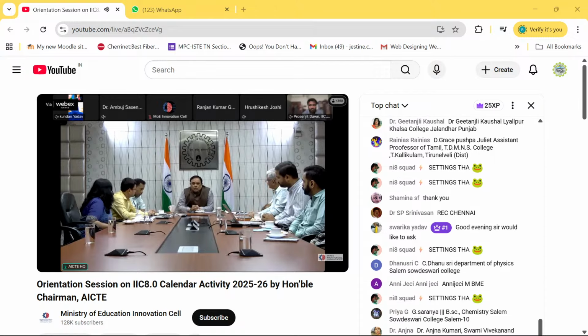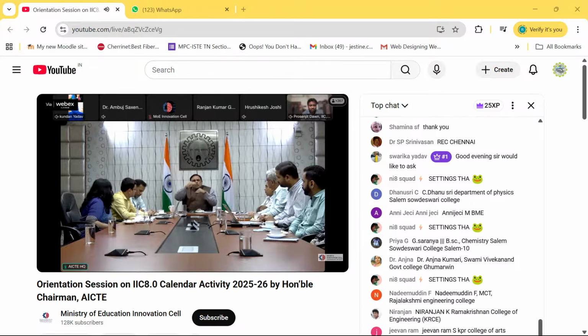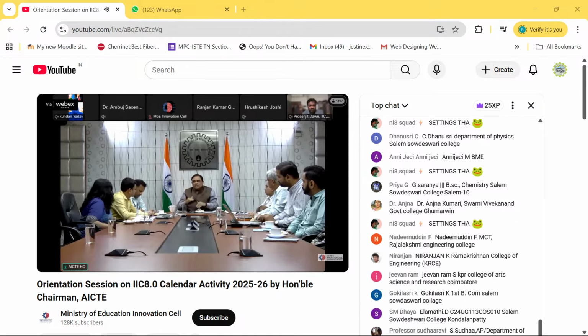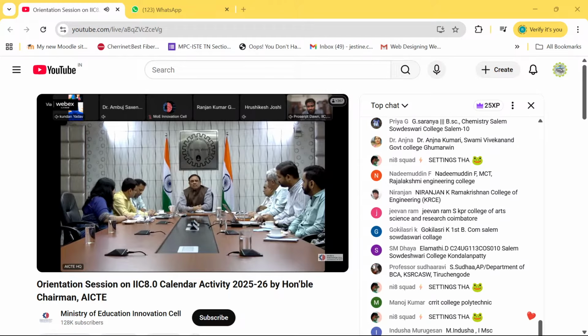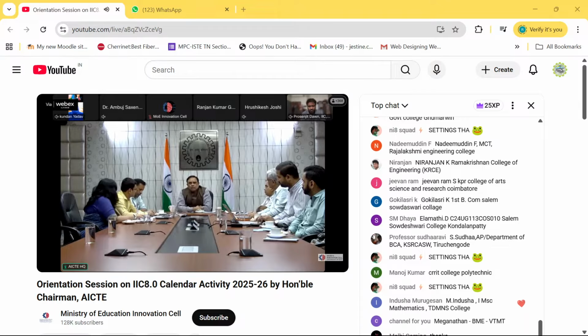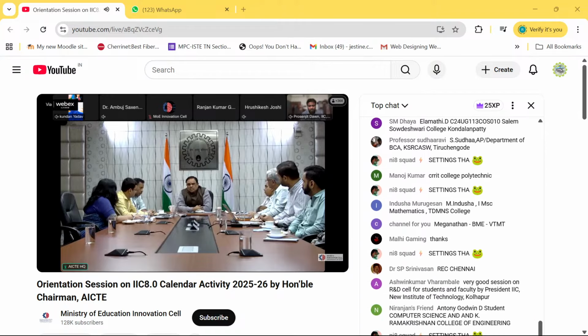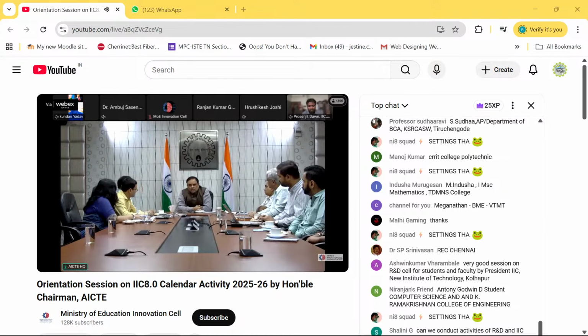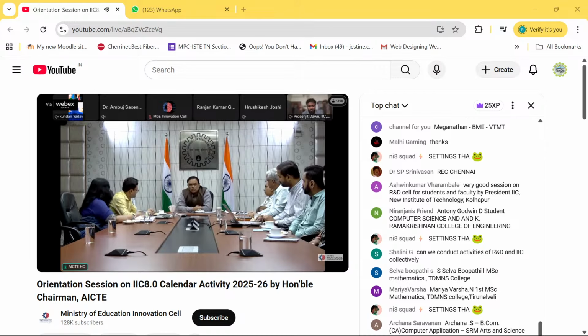We will also introduce you to TRL levels: who is your idea, what level it is, whether you can reach the technology transfer level or product development level. All that we will guide you. That is where AICTE's IIC activity is going to be driving. If you have any specific question, raise it in the regional meet also.